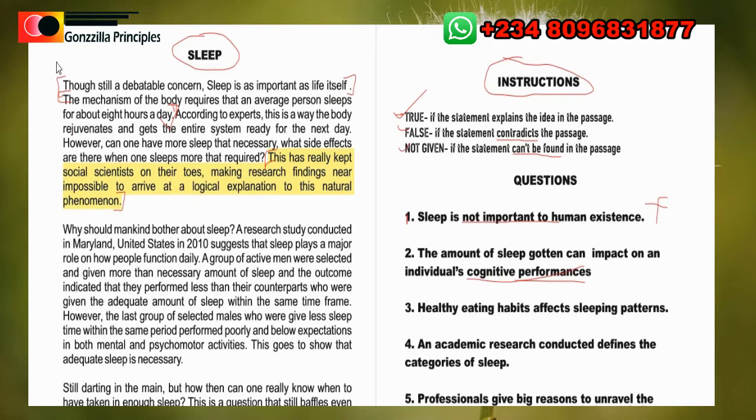Okay, so one thing you notice is, from the first paragraph downwards here, we've just been able to answer question 1. And one good thing about the IELTS passage on True, False, Not Given is that all the questions are related in a chronological format, meaning that you have your answers placed in sequence. The paragraph that gives you the answer to question 1 might not likely give you the answer to question 2.